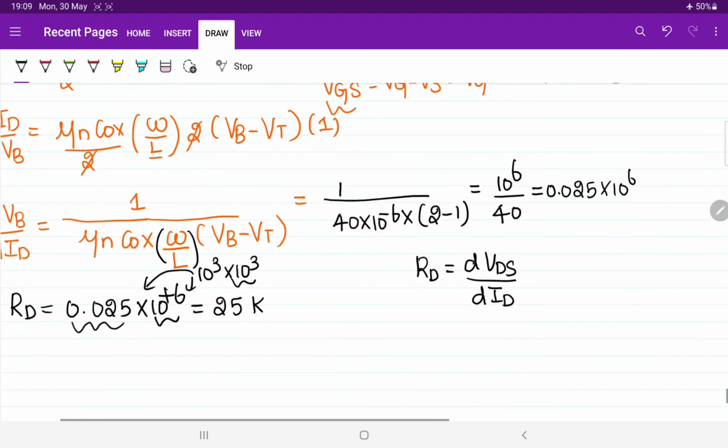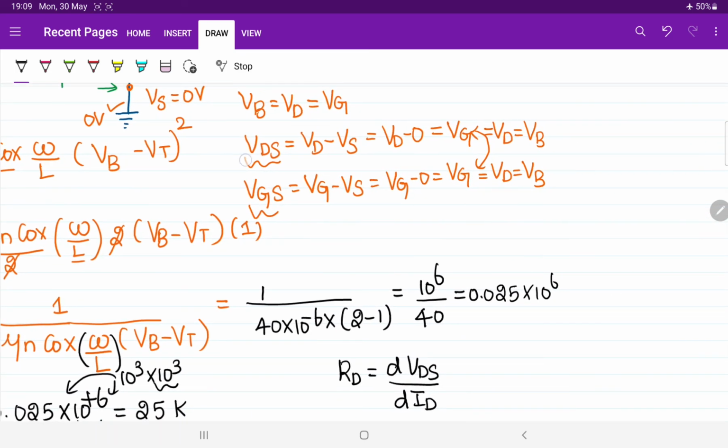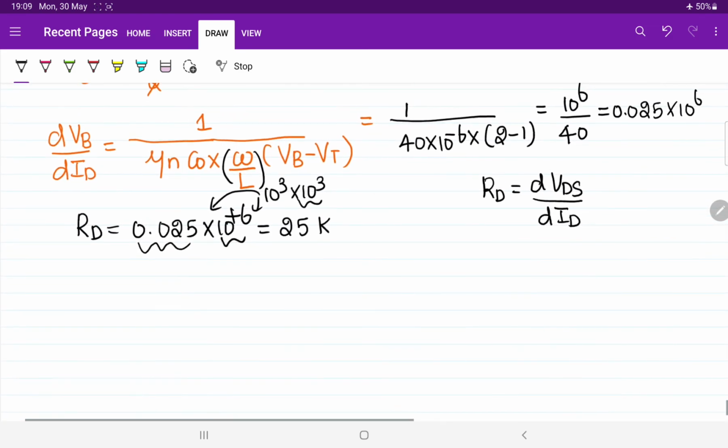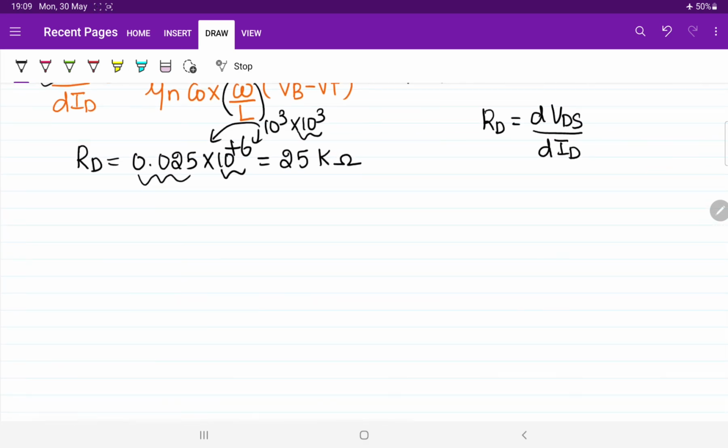If you observe this expression, we already got the relation. VDS is nothing but VB only from the given question, so here we are also doing the same. In place of VB, if I substitute dVDS, you will get the same expression. This is nothing but RD only. Indirectly, we were requested to calculate the value of RD. So finally, the value of RD will become 25 kilo ohm.